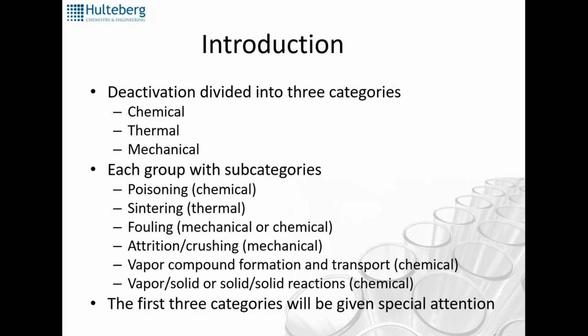Chemical deactivation is also when your active phase turns into vapor and is transported out of your catalyst, as well as other vapor-solid or solid-solid reactions that are chemical. We'll look more closely at poisoning, sintering, and fouling today.